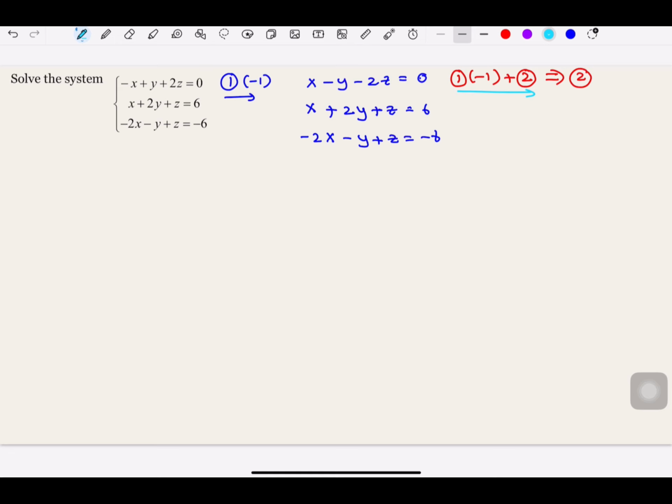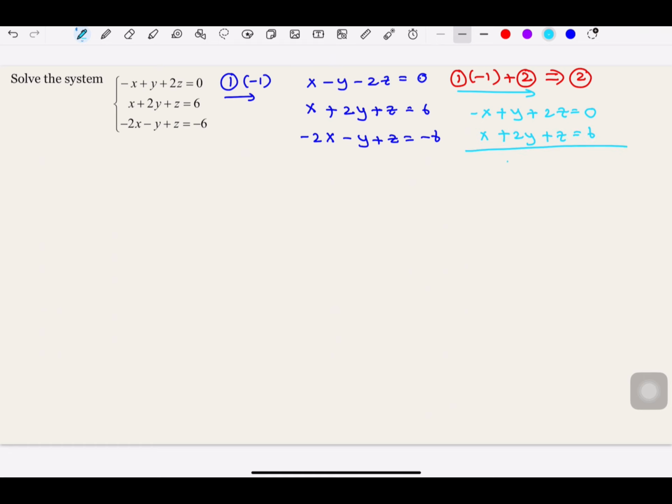Okay, so here first of all, you have to multiply the first equation by negative. So it's going to be -x + y + 2z = 0, and you write your second equation and you add them together.